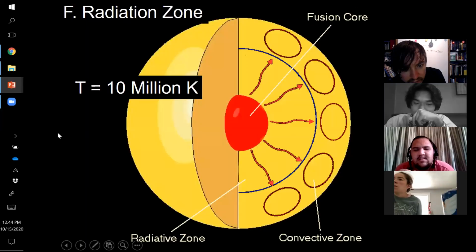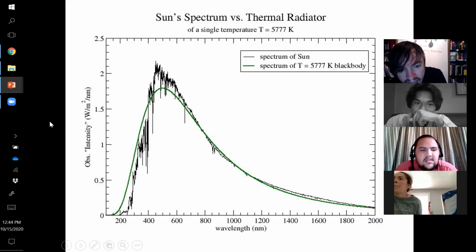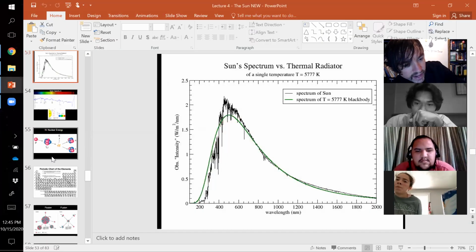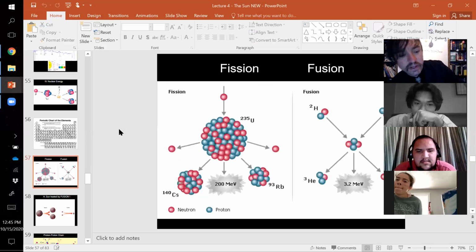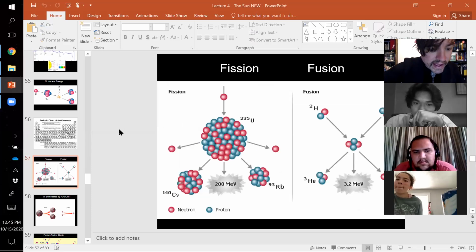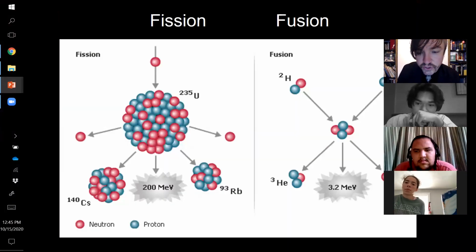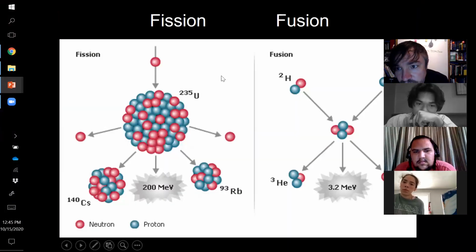Yeah, let me show you a slide that I think will help here. Nuclear reactions involve the nucleus of an atom. A nuclear reaction means you are altering the nucleus of one of your atoms. That makes it different than chemistry. These two pictures will show you the difference between fusion and fission.